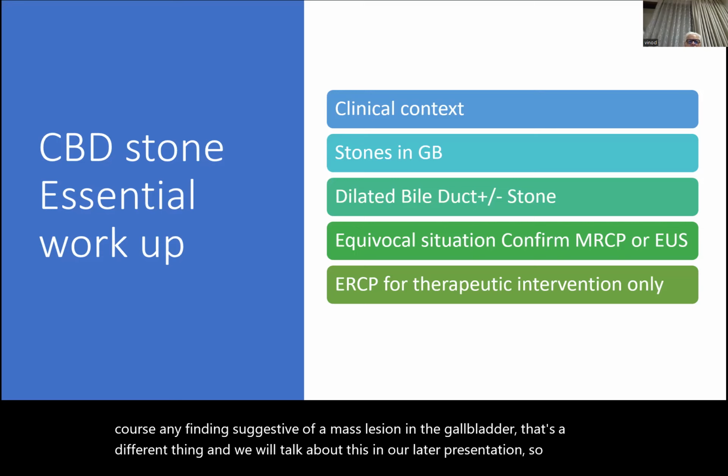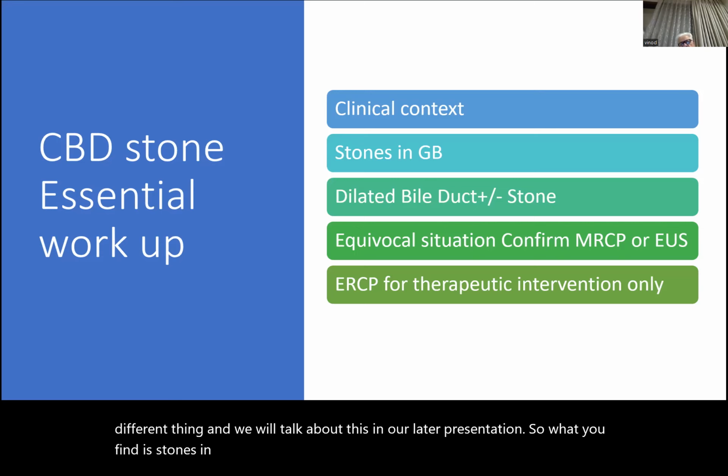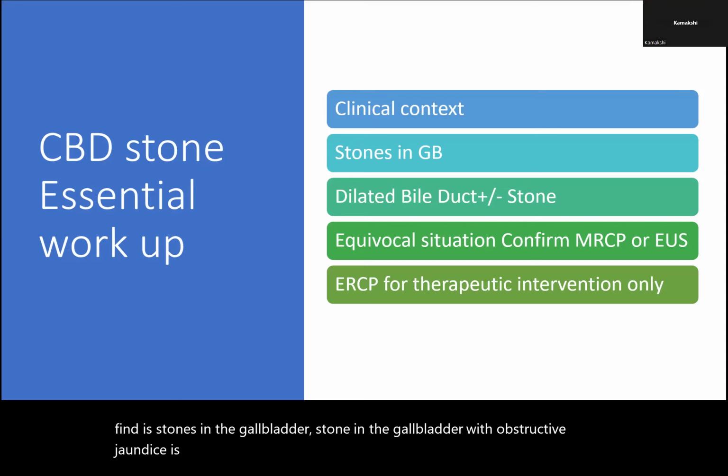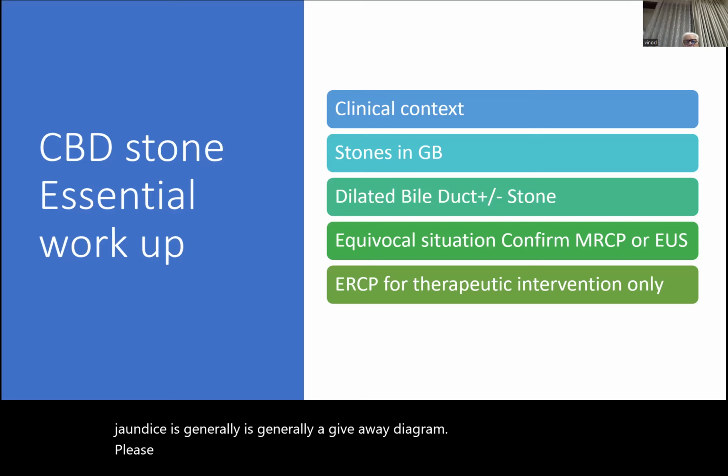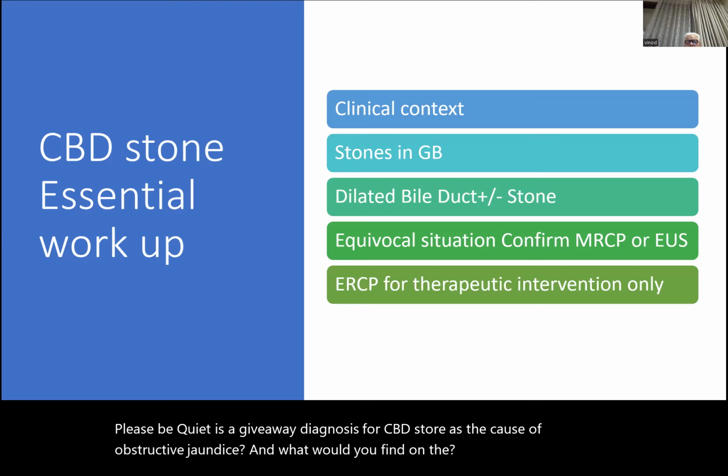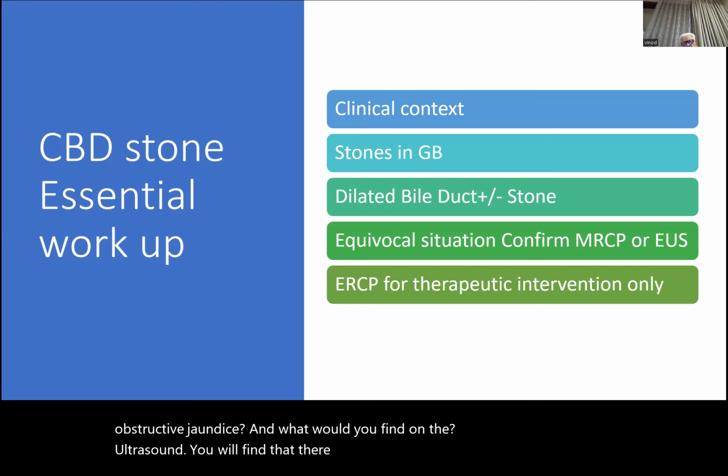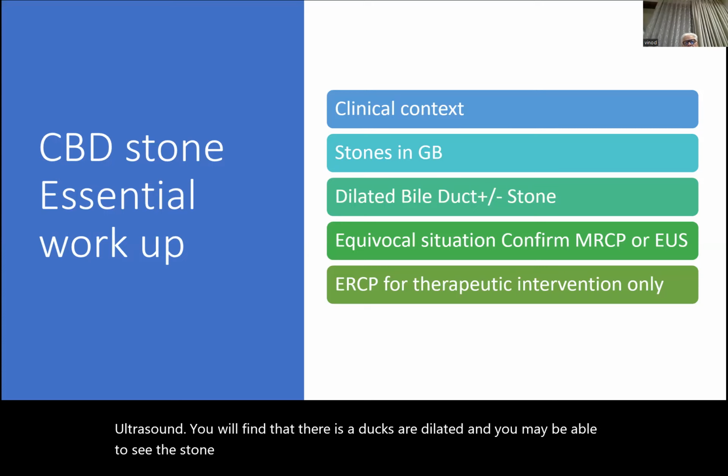So what you find is stones in the gallbladder. Stone in the gallbladder with obstructive jaundice is generally a giveaway diagnosis for CBD stone as the cause of obstructive jaundice. And what would you find on the ultrasound? You'll find that the ducts are dilated, and you may be able to see the stone in the bile duct. Now, remember, being able to see a stone in the bile duct is not an essential criterion.